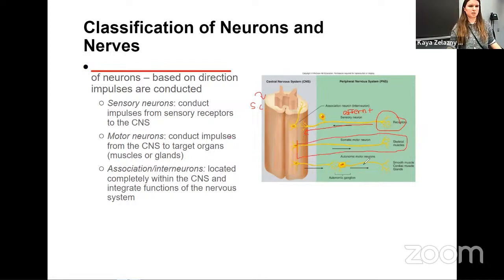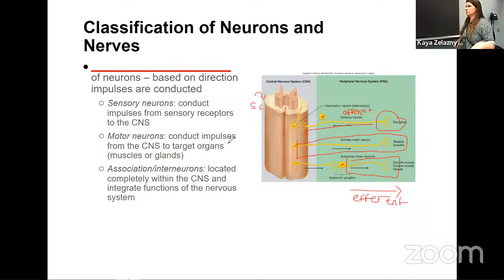All of that is about the direction of the signal flow. We're taking something from the central nervous system and going out. These are the efferent ones that make the effects. Those are the motor neurons sending out signals to target organs.